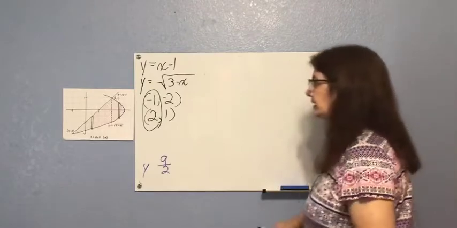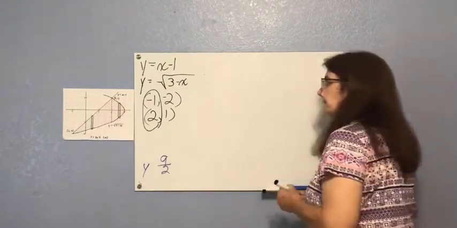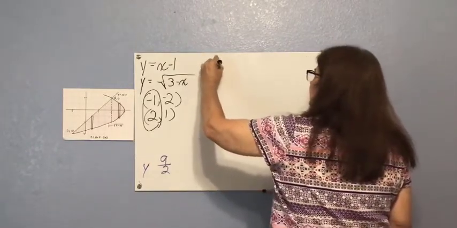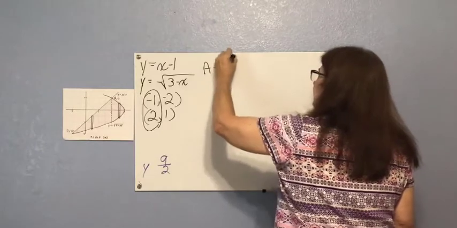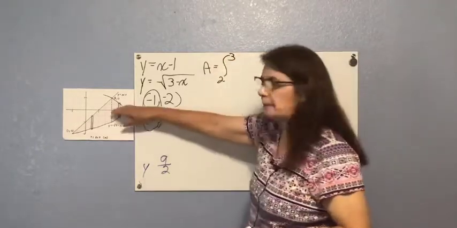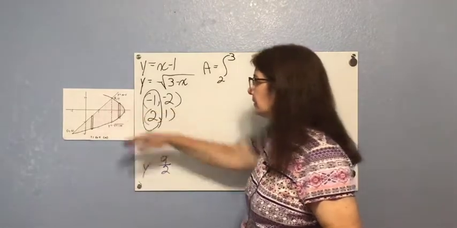Okay, now I still have to integrate this region from 2 to 3. So that area is going to be the integral from 2 to 3. And I can see that the upper part and the lower part of this region are the same. It's symmetric.